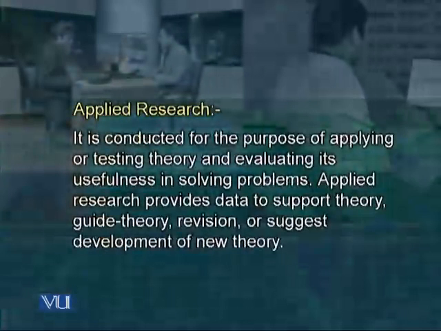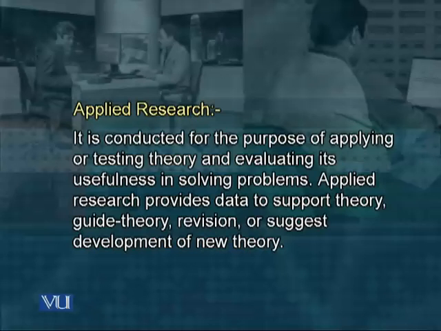The second thing is, once we apply it practically on ground, it will provide us some information, and that will be our data. So, it provides data to support the theory, first thing, guide the theory, or revise the theory, or suggest development of new theory. It's very simple, it's not very complicated, and we should understand it in very simple words.